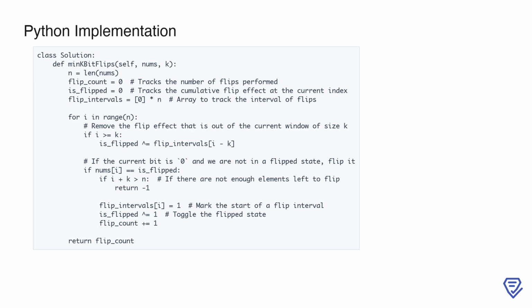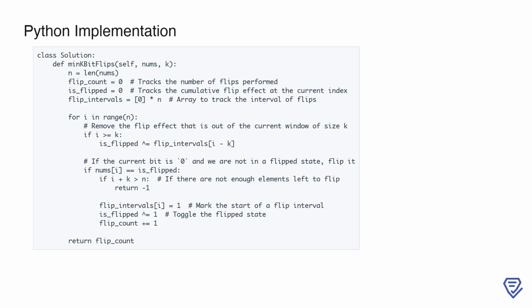Handling flips. Before flipping, we check if flipping is feasible. If i plus k is greater than n, i.e., the flip would exceed the array bounds, we return -1 since it's impossible to make all bits 1. Otherwise, we initiate a flip by setting flip_intervals[i] equals 1, toggling the is_flipped state, and incrementing the flip_count.